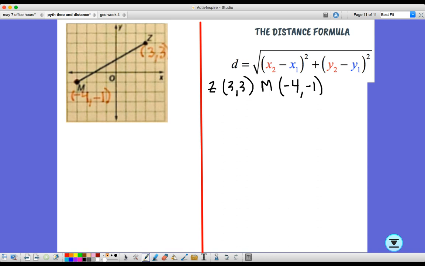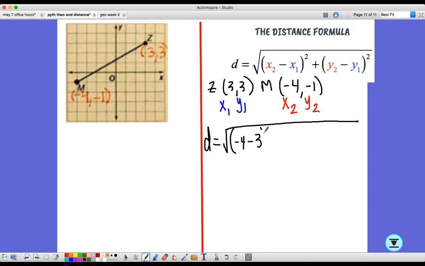I'm going to identify this one as x1, y1, and I'm going to label this one as x2, y2. It doesn't really matter when you're setting it up which point you identify as point 2 and which one is point 1.